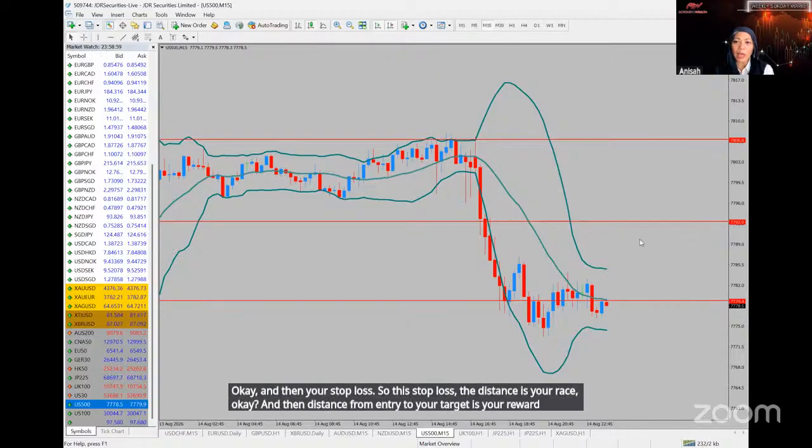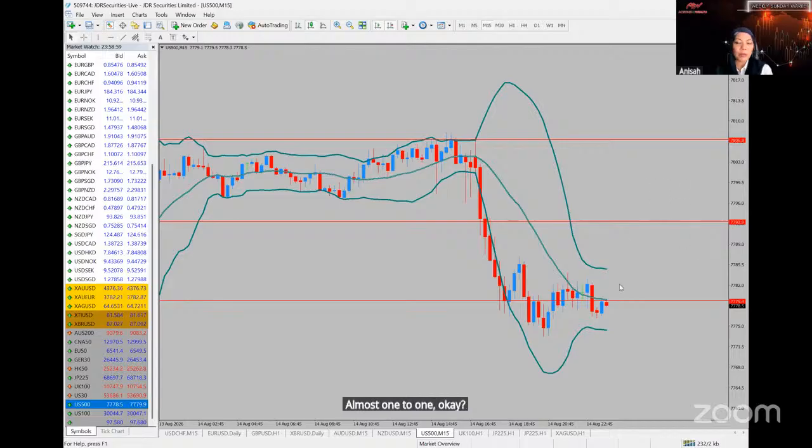So you can see it is almost one to one, 1 point something. So that is the outlook for S&P 500 on the 15-minute chart. It formed a little bit of a chart pattern here.